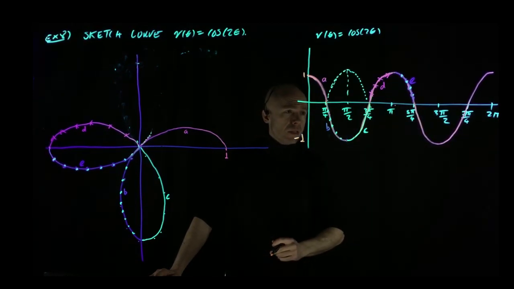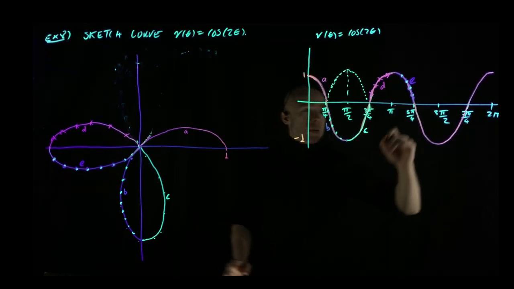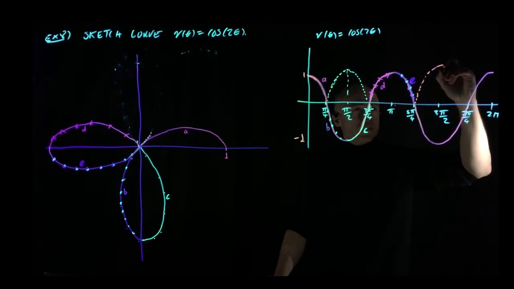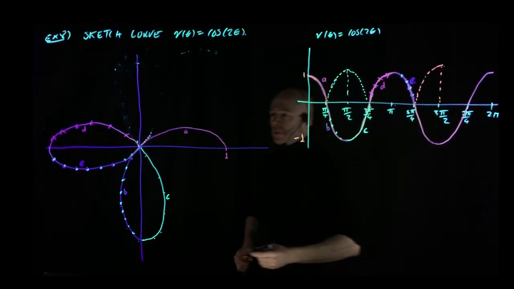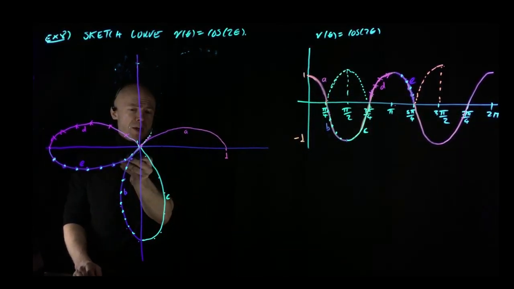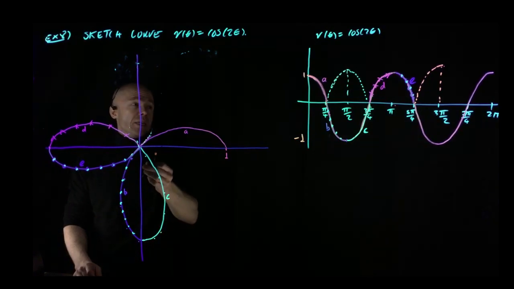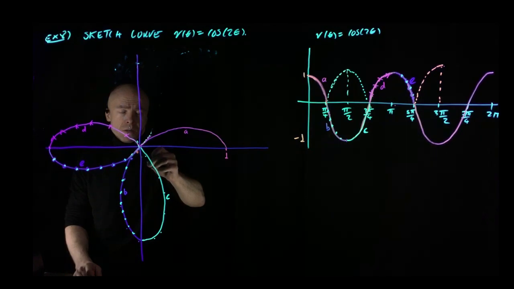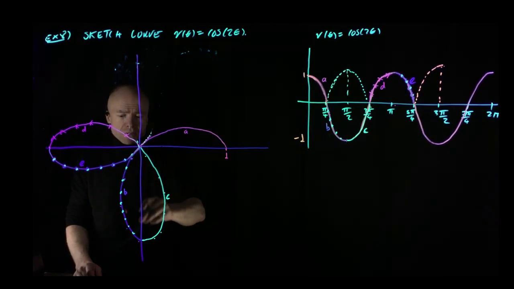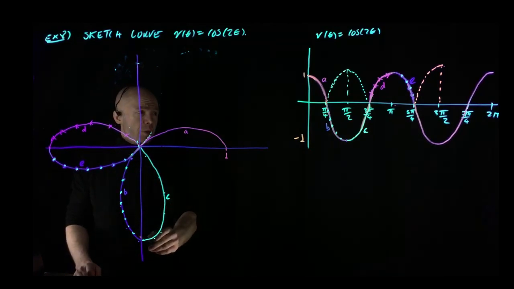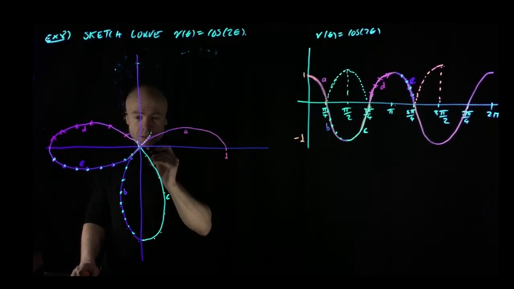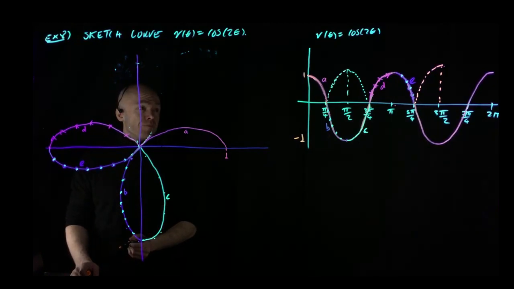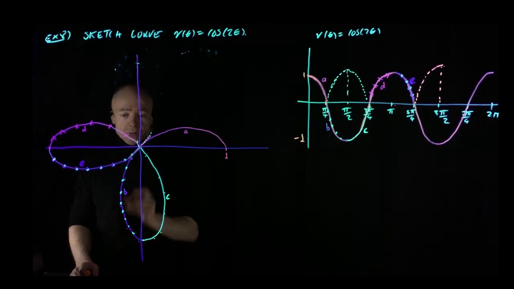Our picture's looking indeed crowded. So if we were just considering the absolute value of r, what would it look like? This would be this guy right here, the absolute value of r, right? So if we were just doing this angle from 5 pi over 4 to 3 pi over 2, then we'd have radius 0, and then it increases. In other words, we'll be just sketching over this curve that we already have, right? So I don't know if I want to write over this now because it's already got something there. So let me just do this.